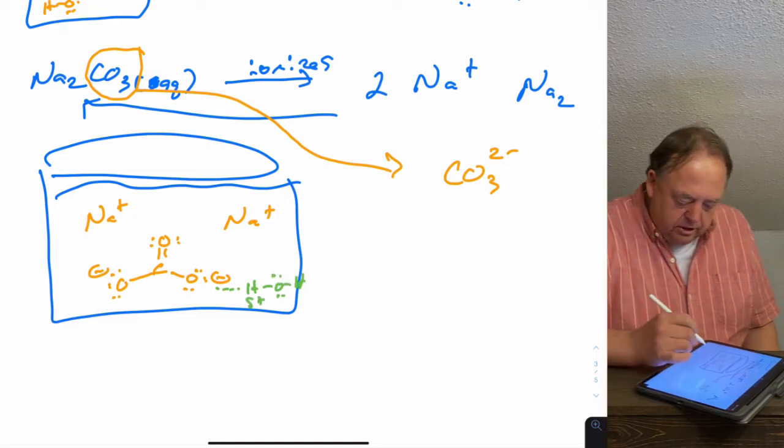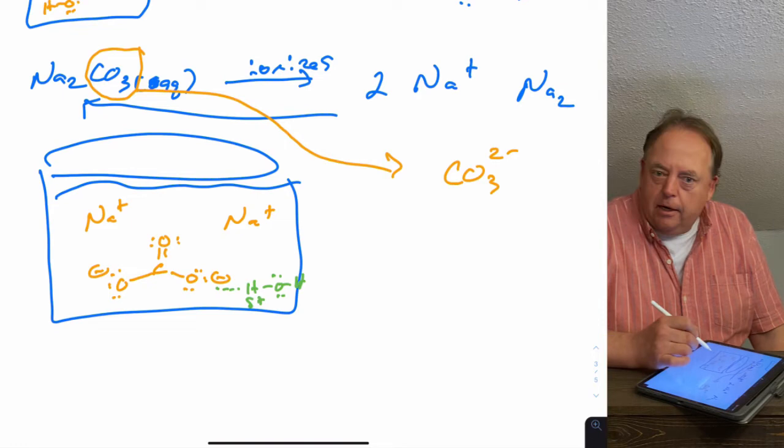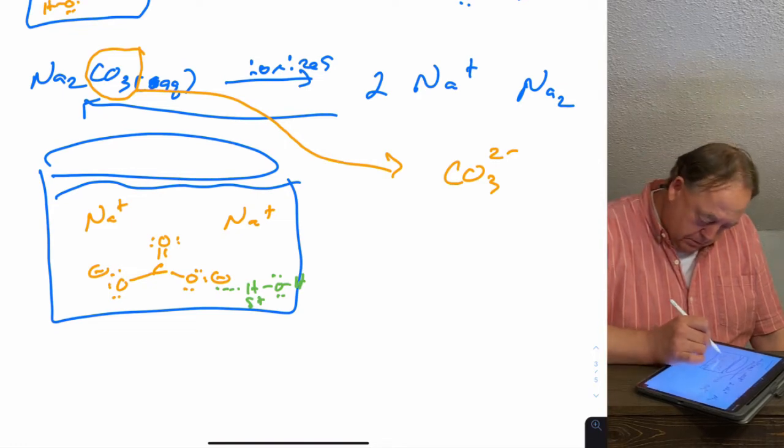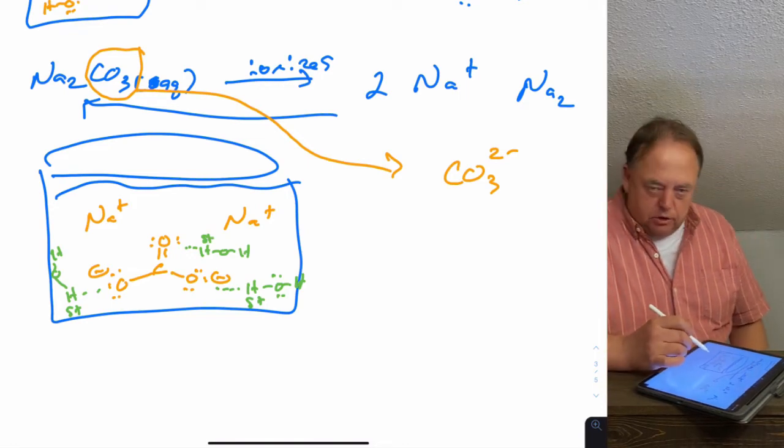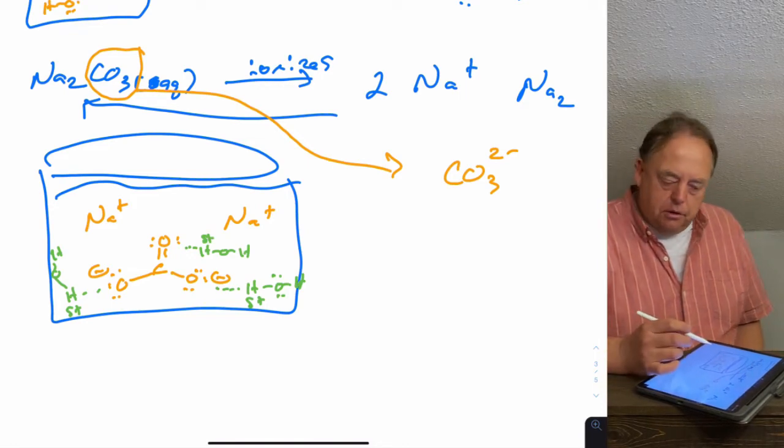All of the oxygens, since they're negative or partial negative, would be hydrogen bonded to water molecules. Right, so each oxygen's lone pair could hydrogen bond to a different water molecule.